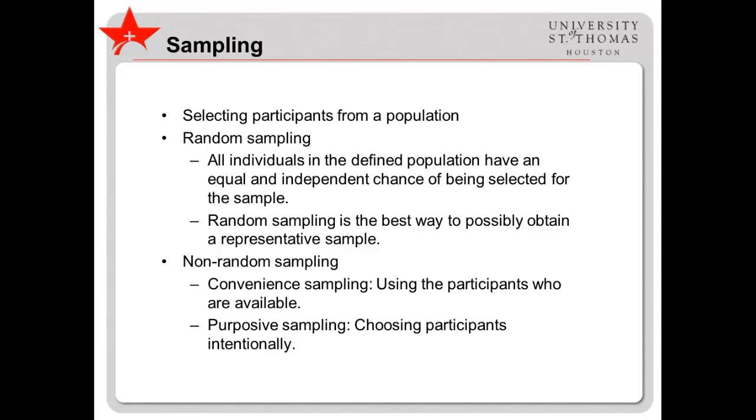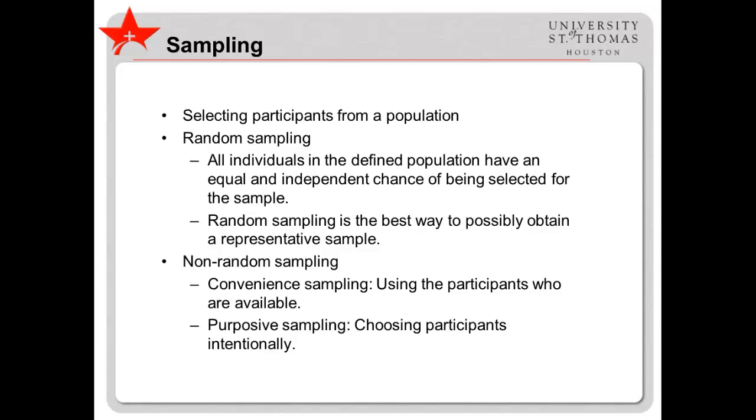Furthermore, even when the population is accessible, members of the population could choose not to participate, which detracts from the randomness of the sample. The other type of sampling, non-random sampling, involves choosing participants either because they are available, called convenient sampling, or choosing them intentionally, called purposive sampling. Much educational research involves convenient sampling, which is understandable.